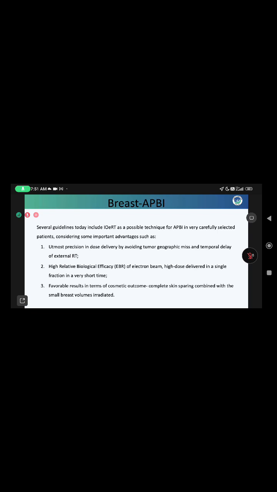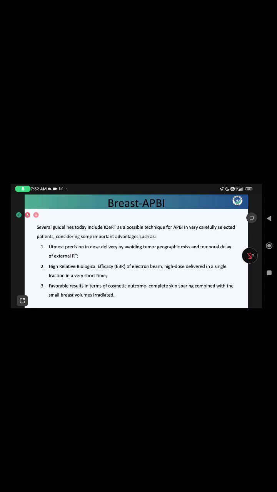When we come to brachytherapy and external beam radiation, we will be unnecessarily irradiating larger volumes of the breast when we are doing APBI. With external RT, rather than just the tumor bed, the whole of that quadrant will receive a low dose of radiation. So in electron beam radiation, we will be specifically targeting the tumor bed.